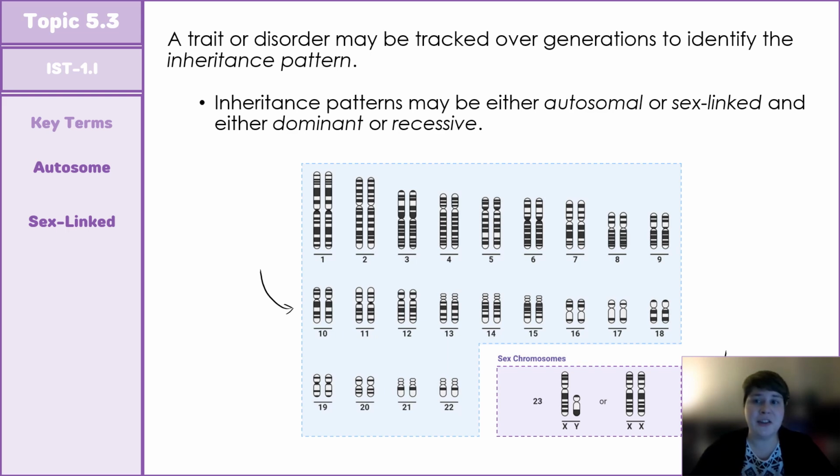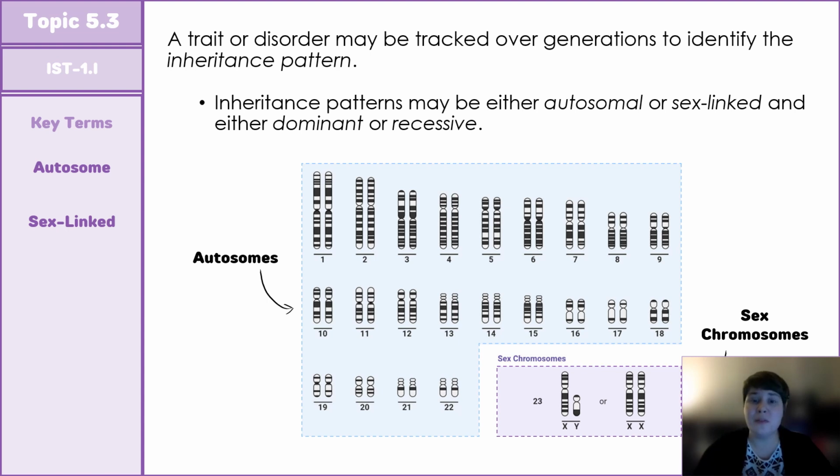And the inheritance patterns that we're going to be looking at can either be dominant, which means that they're carried on the dominant allele, or recessive, which means that they're carried on the recessive allele, but they may also be either carried on our autosomes or on our sex chromosomes. Remember that our autosomes are those chromosomes that carry our non-sexually related characteristics, and our sex chromosomes are those that carry our sexual related characteristics.